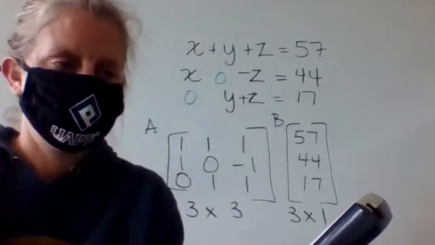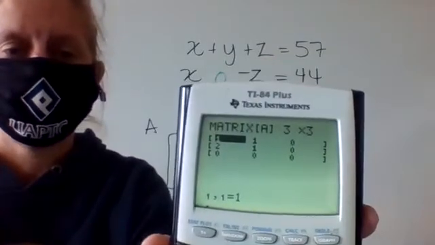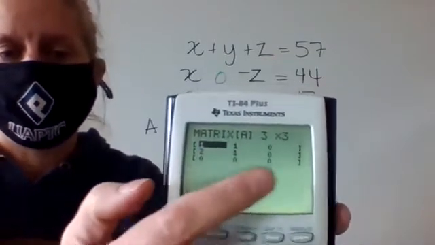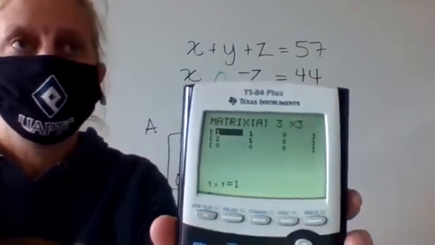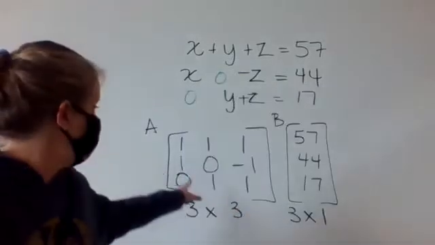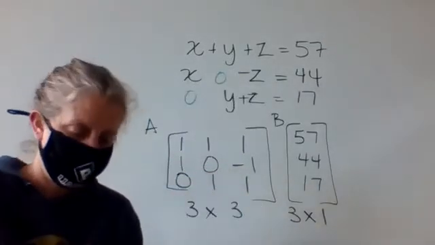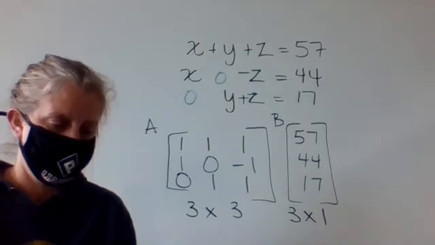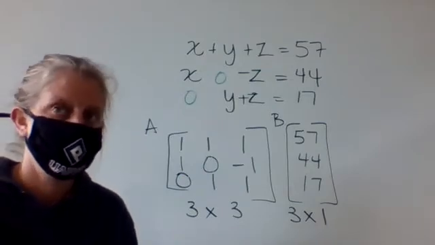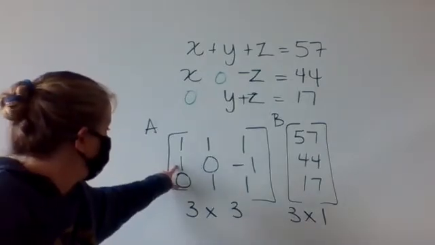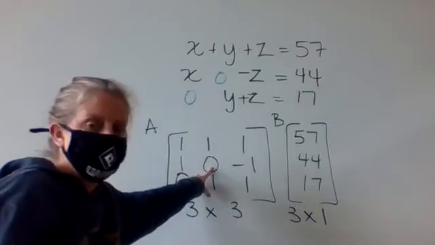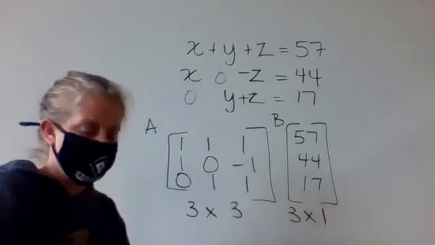So 3, enter, 3, enter. You can see it made a 3 by 3 matrix to fill in your numbers. And then just put in the numbers of this matrix. So my top row should be 1, 1, 1. My second row should be 1, 0, -1.